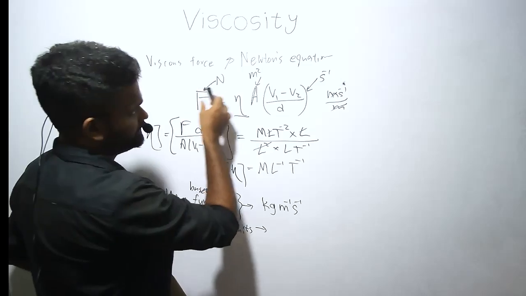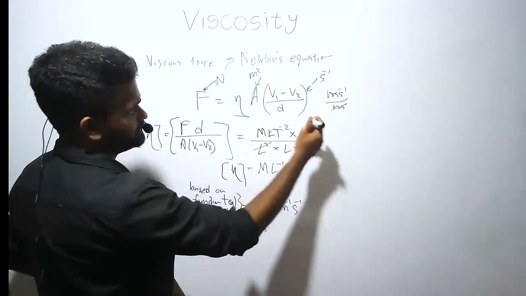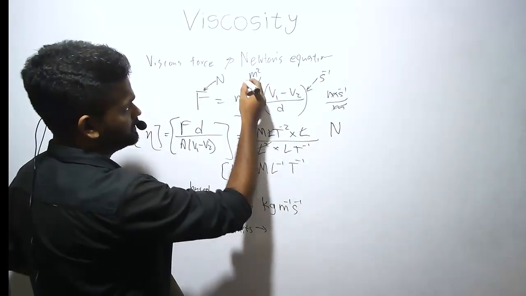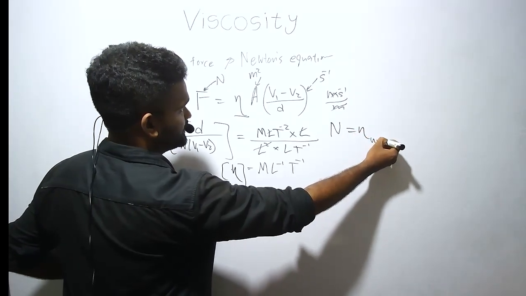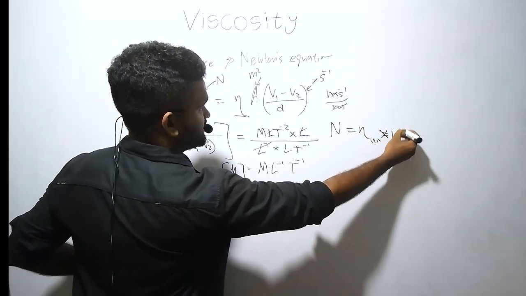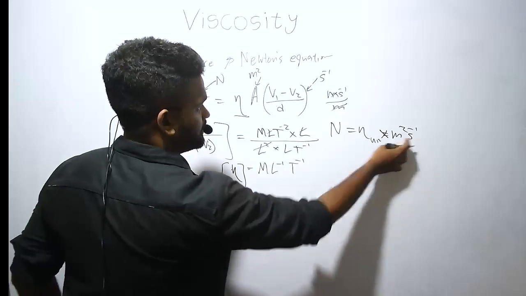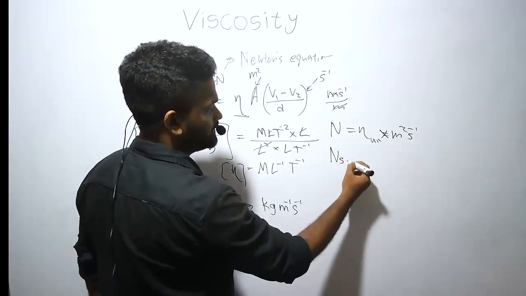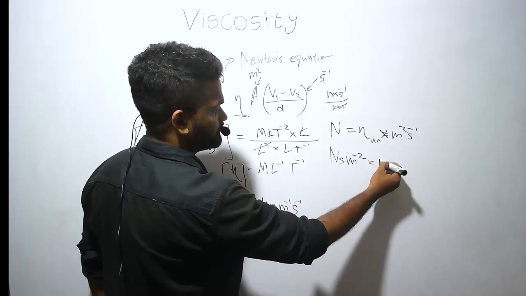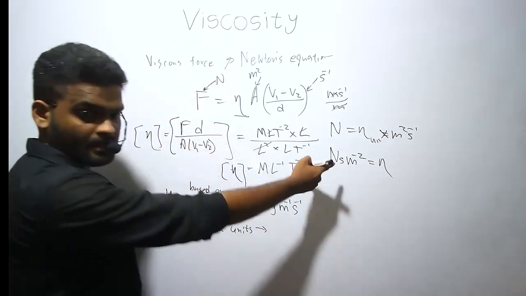Write these terms at the other side. Newton equals eta unit times meter squared per second. When per second goes to this side, it becomes Newton second, right? Then square meter. Got it?